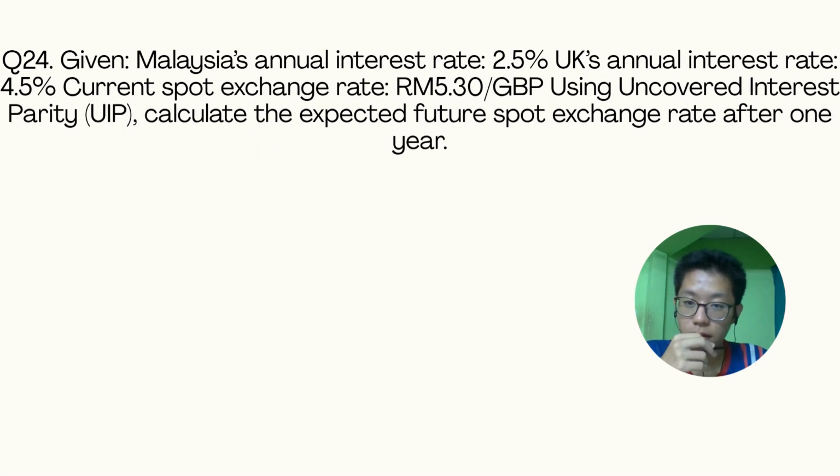By using UIP from chapter 7, I get the interest rate differential of 2%, and the expected future spot rate is (S1 minus 5.3) divided by 5.3, which I equate to negative 2%.